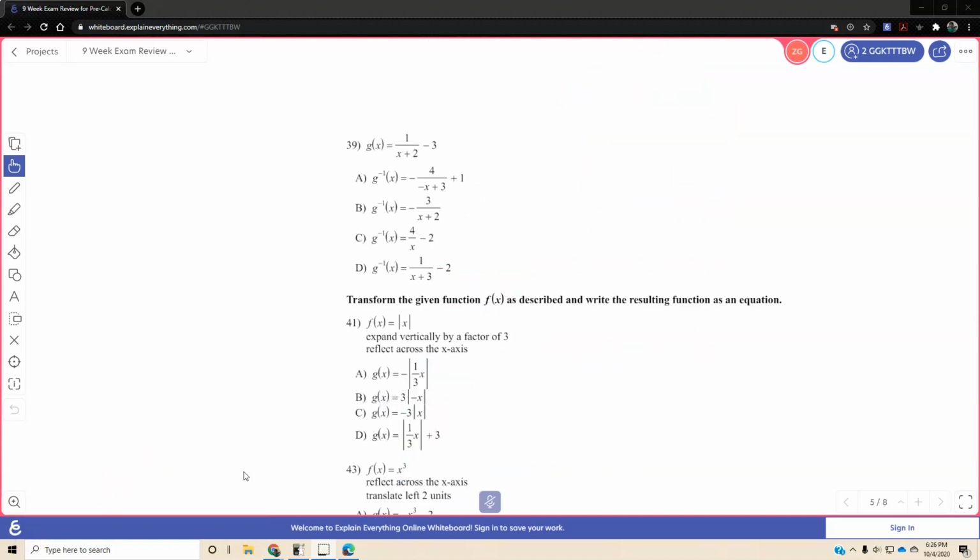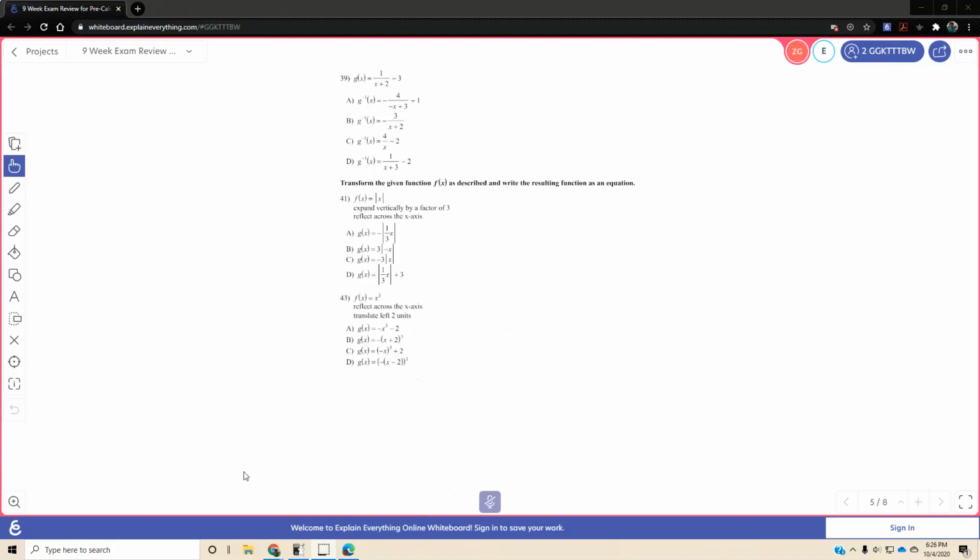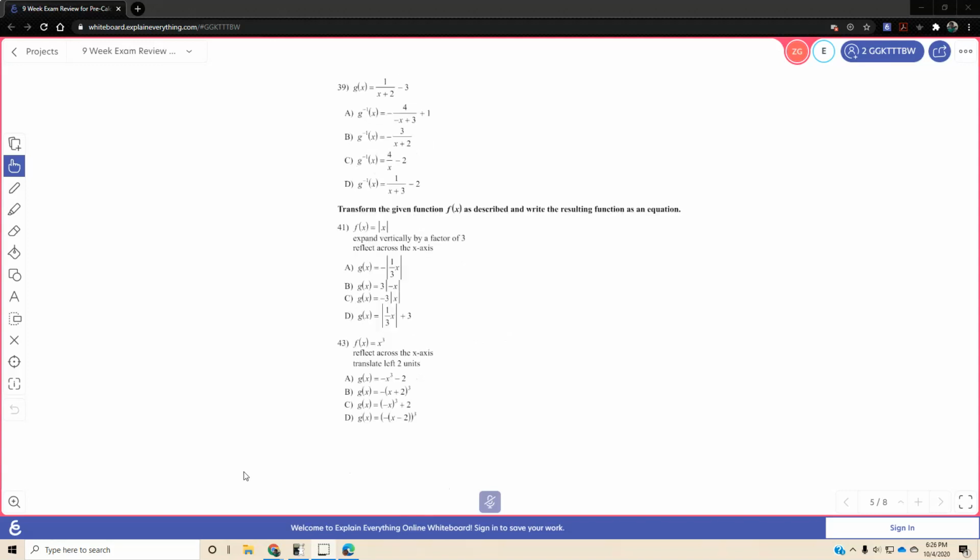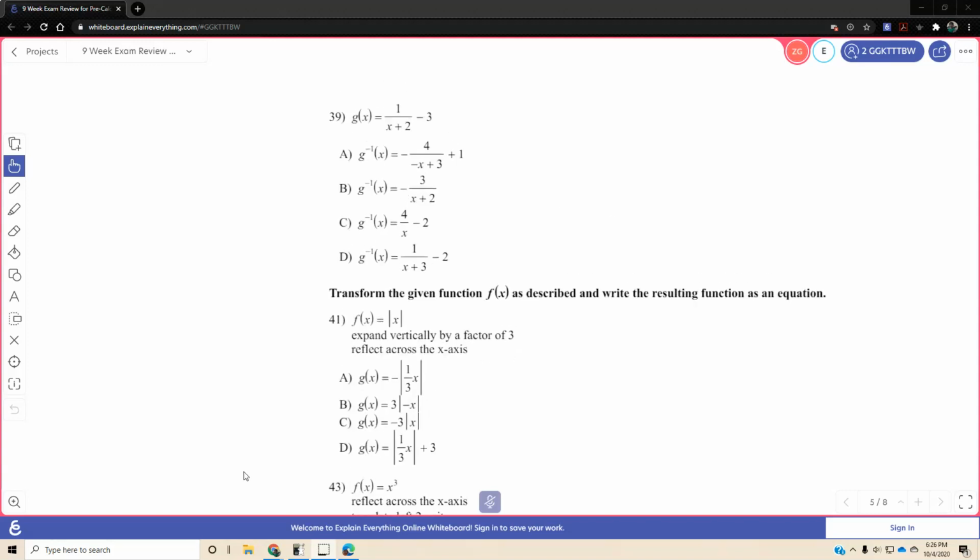For 39, we are going to find the inverse. We're going to write the inverse. So we have y equals 1 over x plus 2 minus 3.